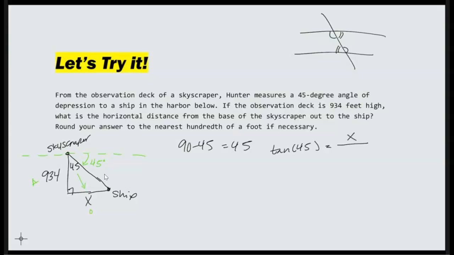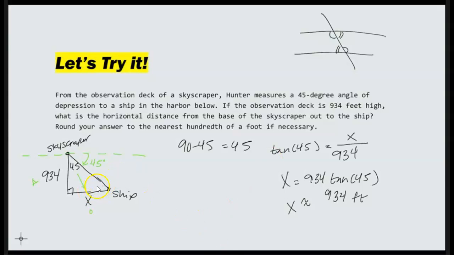So my opposite is x and my adjacent is 934. X will be 934 tangent 45, because I'll multiply both sides by 934 to cancel it out, which will leave me with x is approximately 934 feet.